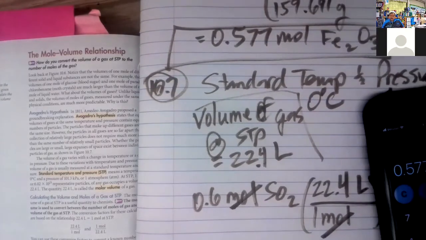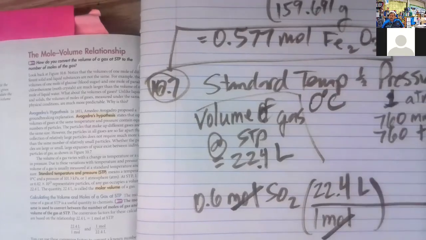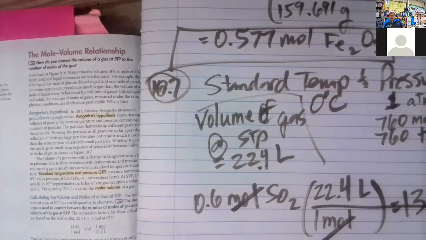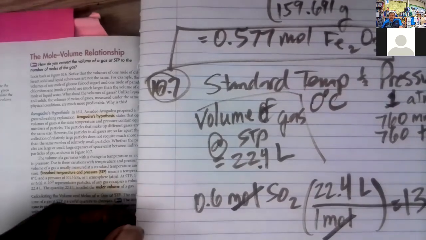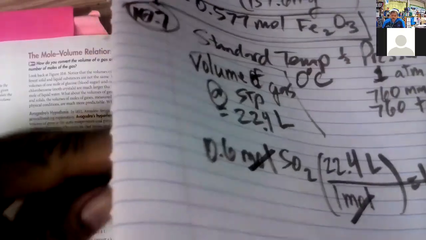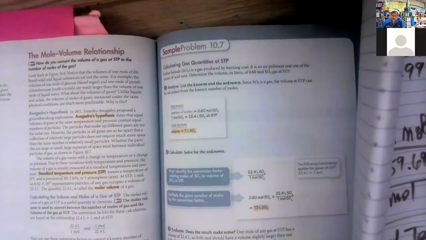So all you have to do here is say, okay, 22.4 times 0.6 equals 13.44. So the answer is 13.44 liters for number 7. Okay, and let's see.